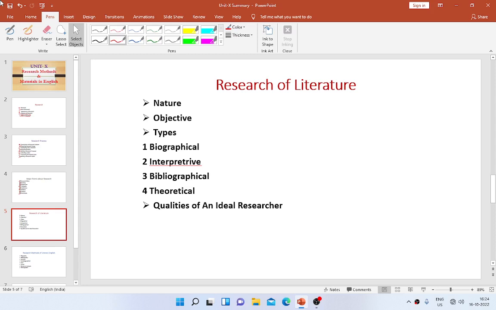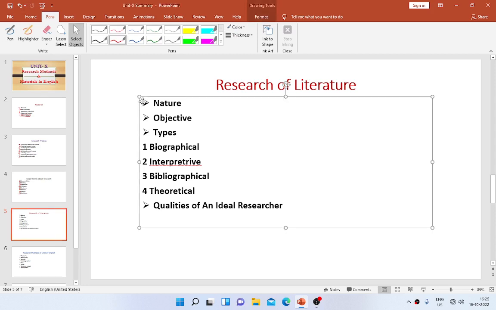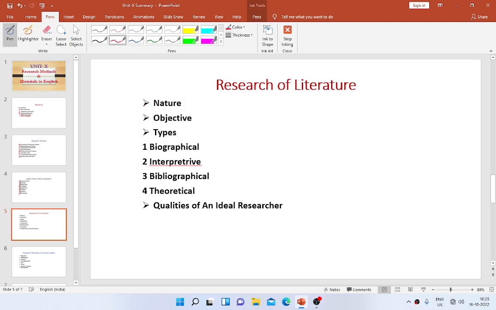And the nature of research differs from subject to subject. This is because the materials and tools of each subject are largely different, such as physics, chemistry, botany, zoology, and other natural sciences, which study material.